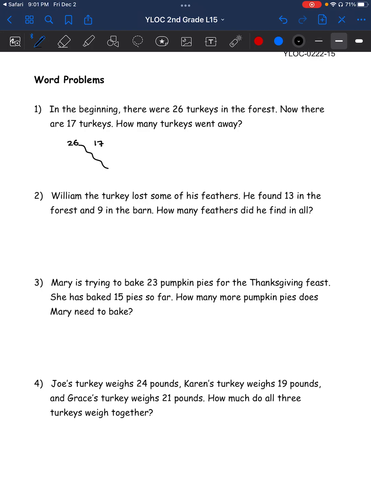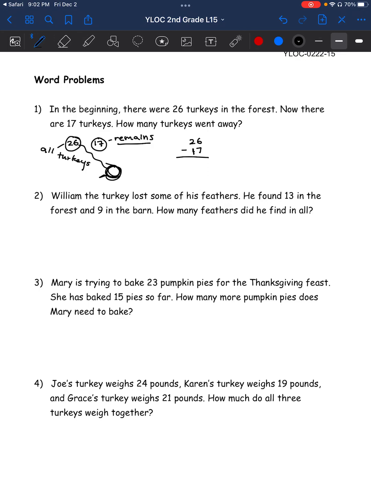So if we want to find how many turkeys went away here, this is how many remain. In order to find these guys who left, we have to subtract the remaining turkeys from all of the turkeys.